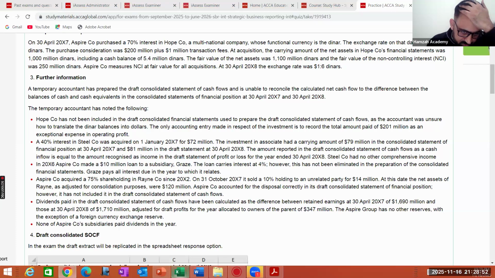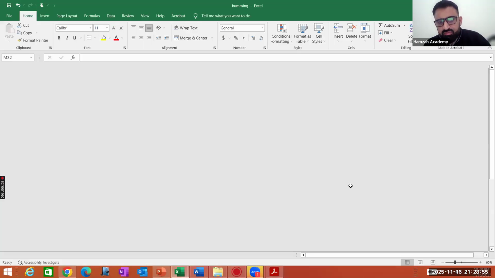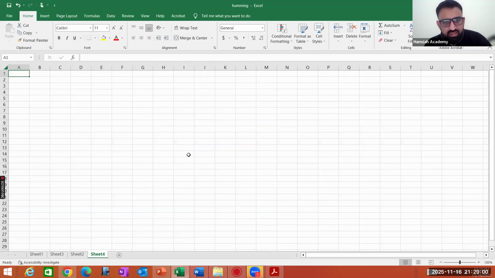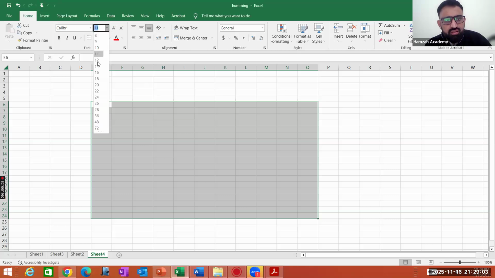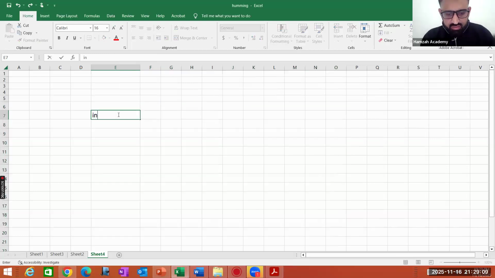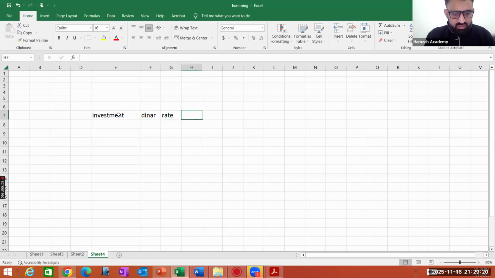Look at here. For that purpose, if we use the Excel sheet: investment in dinar, rate, and dollar. So in dollars, we have 200 and the exchange rate was 5 dinar per dollar.